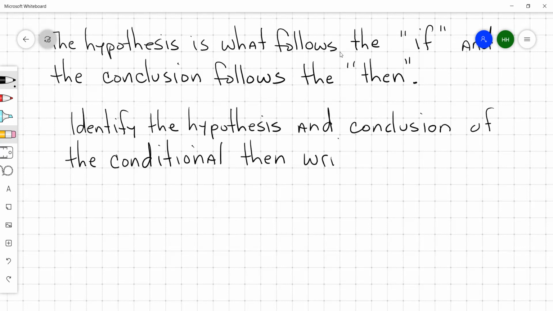Then write a converse, inverse, and contrapositive.